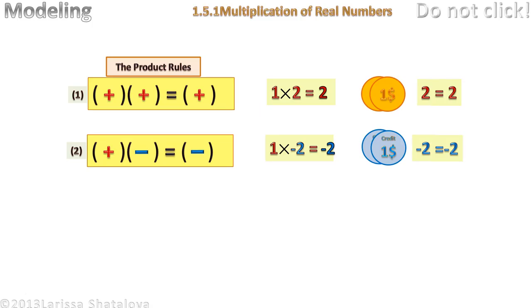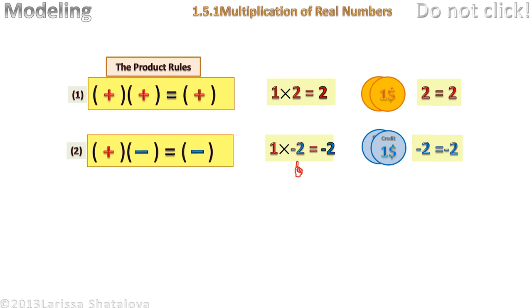Now we are going to use modeling to develop a special product rule, the zero product rule. But first let's look back. If we are going to multiply 1 times 2, we have $2 and we just take one set of $2 and it will be just $2. So 1 times 2 is 2, or positive 1 times positive 2 is just positive 2.